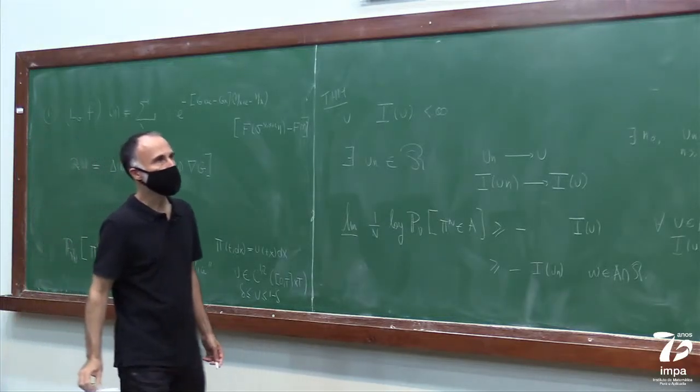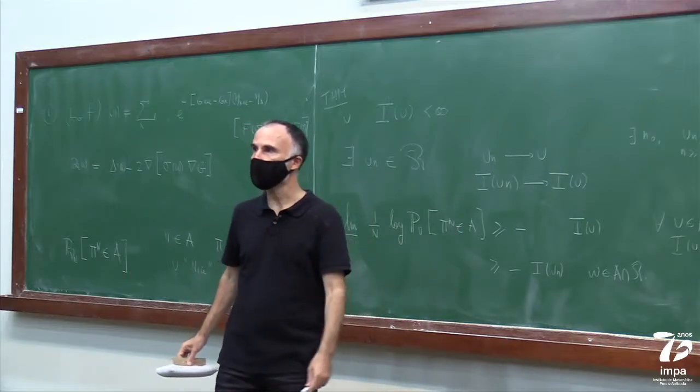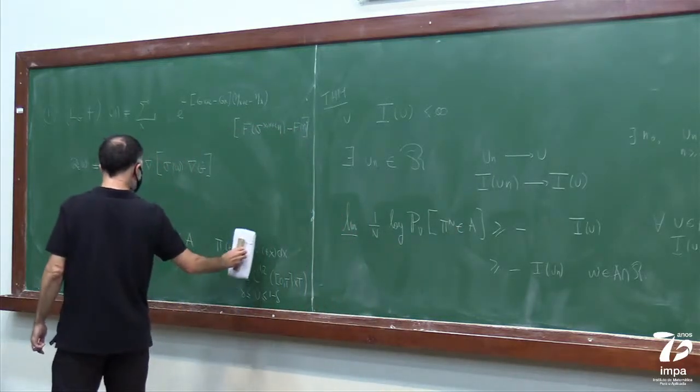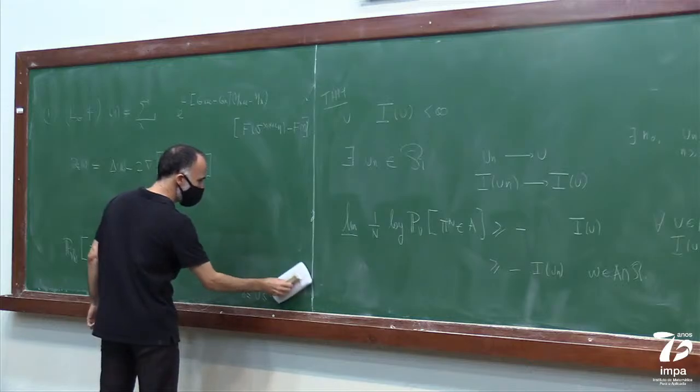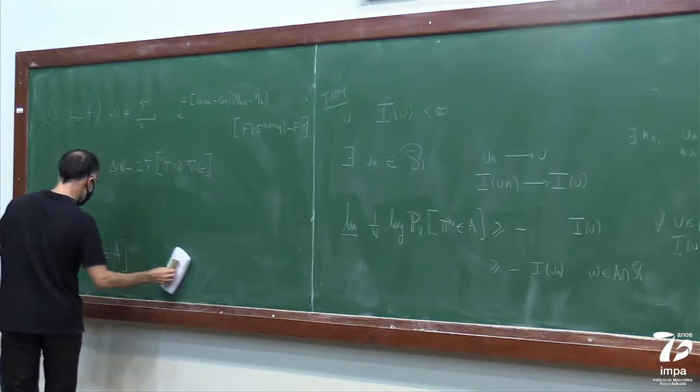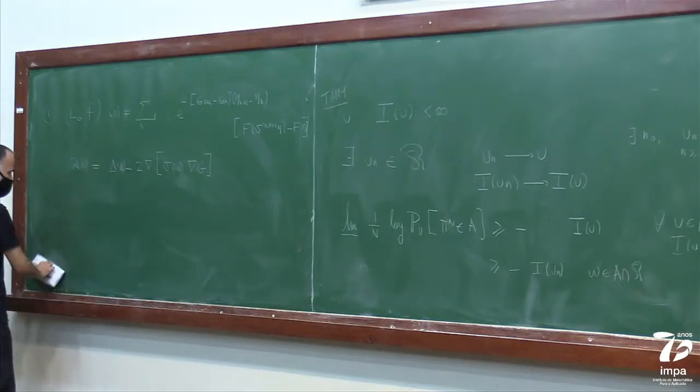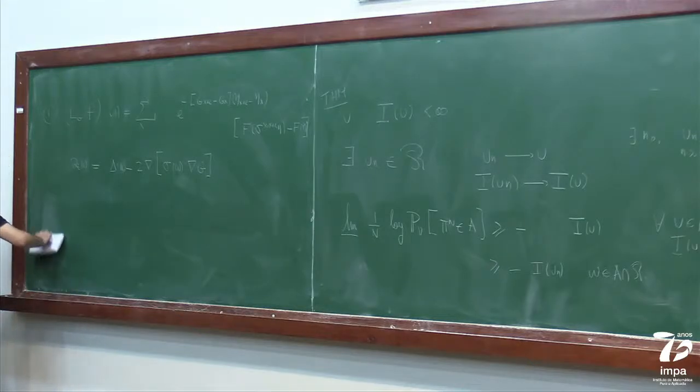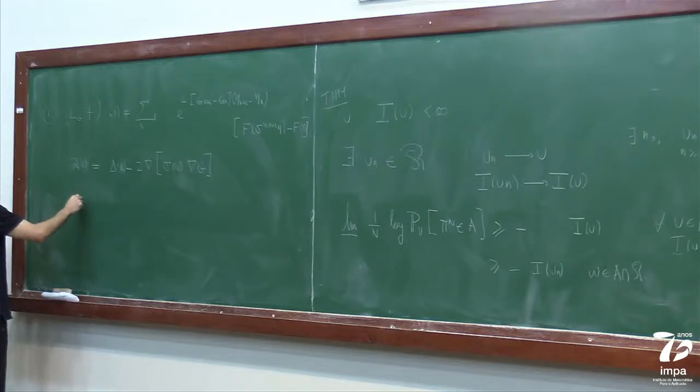So now what I will do is to prove that I is equal to that. So I'll recall the formula for I, and I will prove that indeed. So I'm taking u as smooth. So u, it's everything you want.